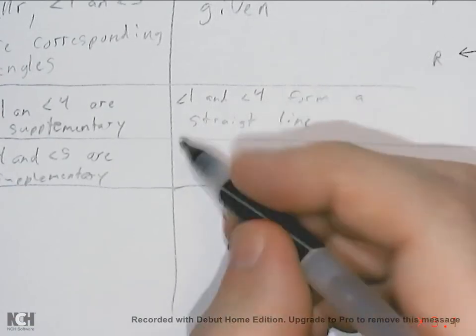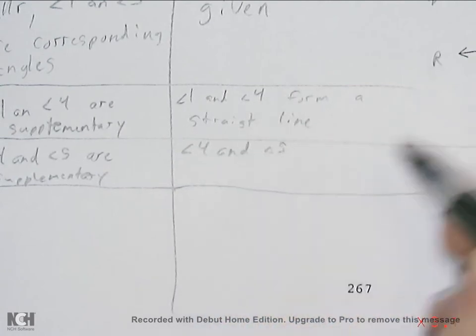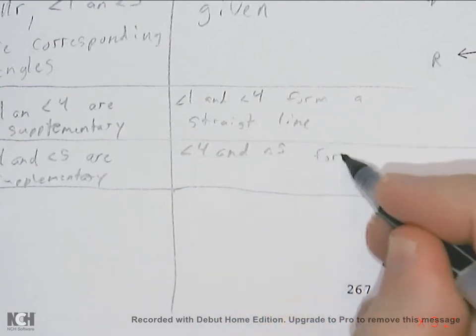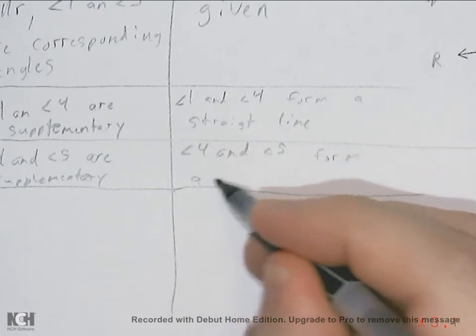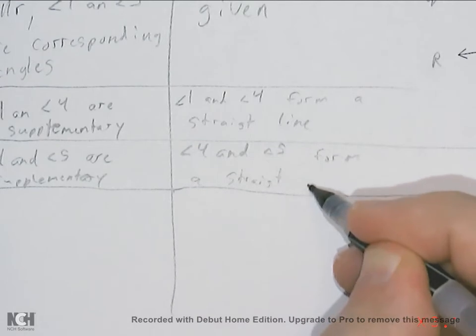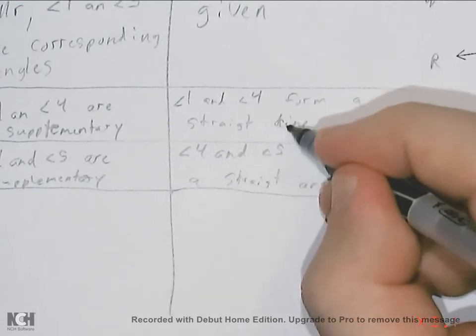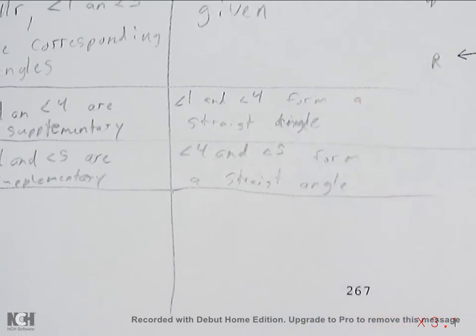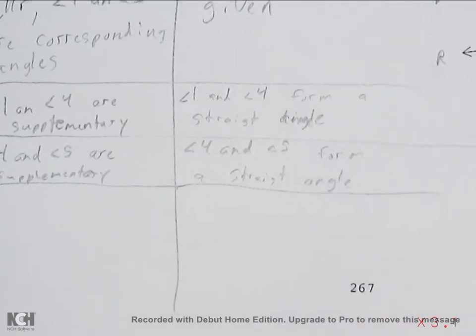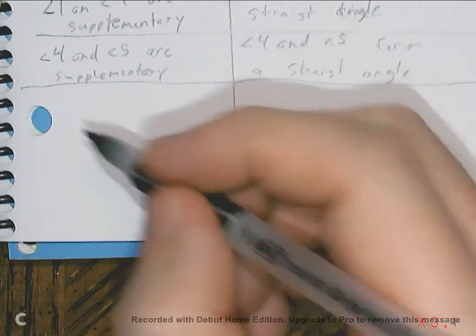So angle 4 and 5 form a straight line, or rather, I should probably say a straight angle. Same with that one. Okay, then let's go through and describe what supplementary is.